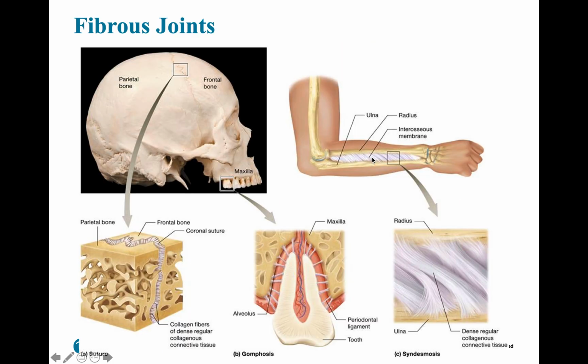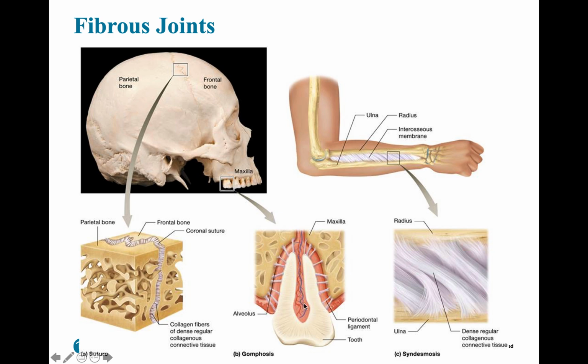Okay? And this is just a slide that is summarizing the three specific examples of fibrous joints. Sutures are a specific type of fibrous joint. Sutures are classified as synarthrotic functionally and fibrous structurally. Gomphosis joints are specifically located here.